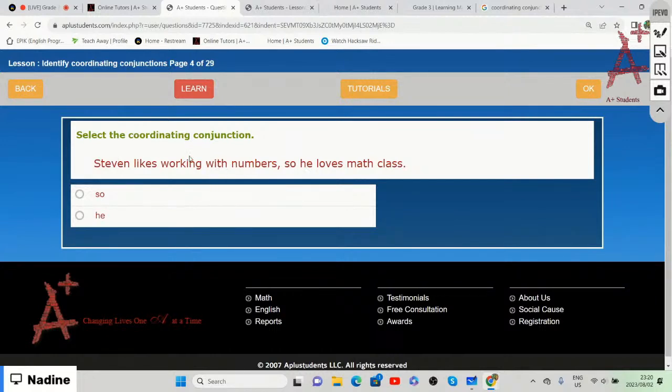Stephen likes working with numbers, so he loves maths. We need to select the coordinating conjunction. Is it so or he?